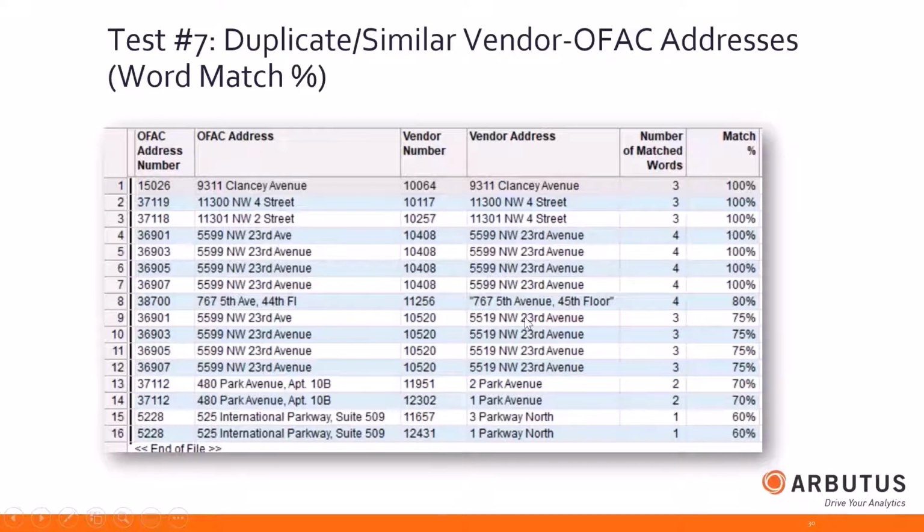The other three words match out of 4. That's a 75% match. So this is a nice way of getting a more granular comparison of the addresses. It's probably best used in comparison with the sort normalized address that we saw in test number 6 to arrive at a risk score for any potential vendor OFAC matches.